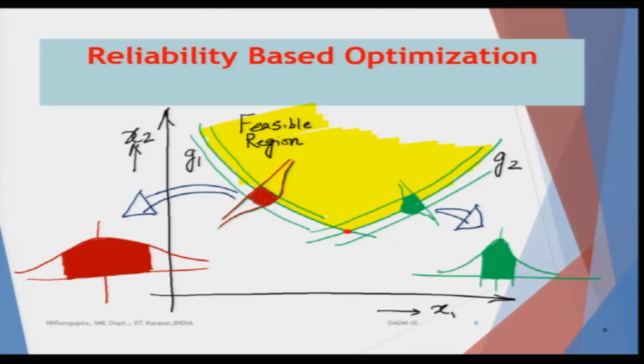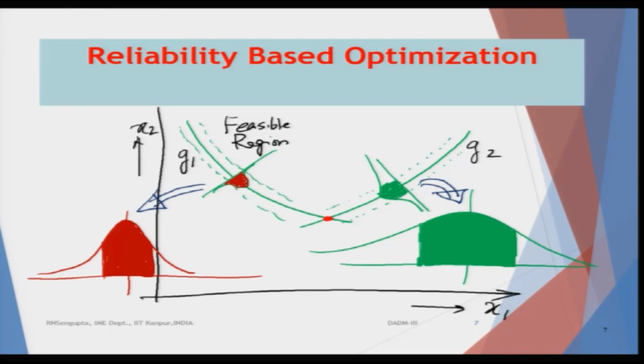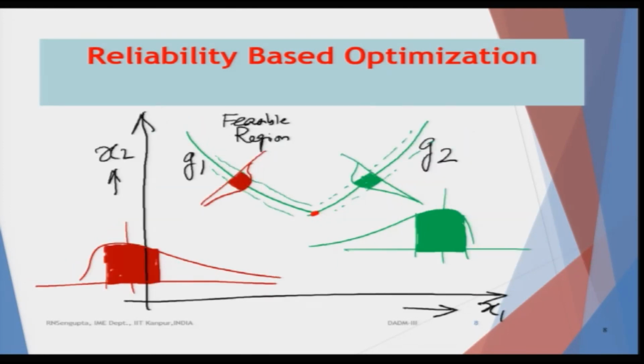I am drawing only in 2 dimensions, where the variance of x2, in the y plane, is more. This is the third diagram, where the variance of the variable in the x direction, x1, is more. And in the last diagram, which we also considered in the last class, the 55th lecture, the distributions are non-normal.